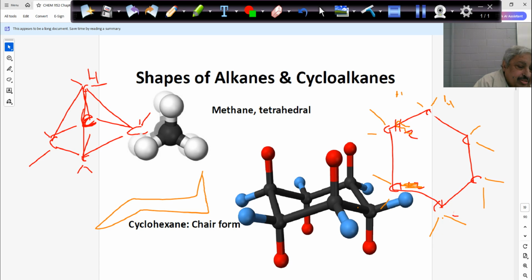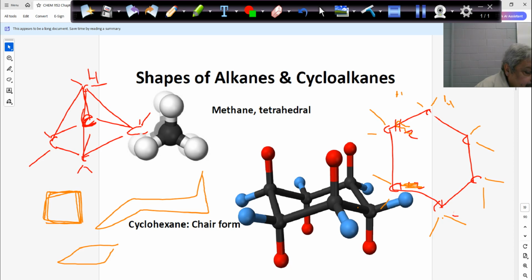Now, sometimes it's different, like cyclobutane, which is a square with all sides of equal length. In this case it's just a plane, like a flat piece of paper, correct? Cyclobutane, for example, is a flat plane.